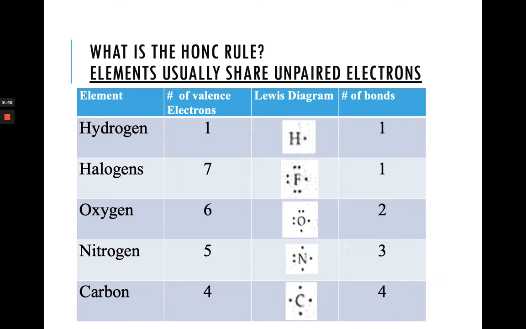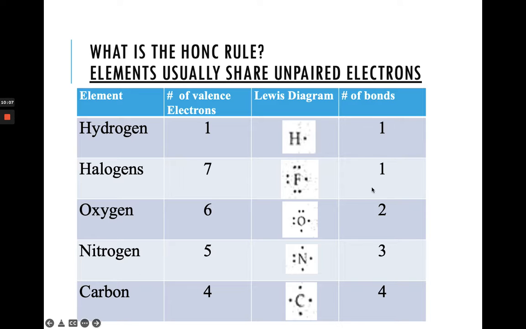In Lewis dot diagrams, elements usually only share unpaired electrons. That tells you the number of bonds that they will make, the number of other atoms that they will connect to. So the honk rule is a very easy way to do this. Hydrogen and the halogens, which have 1 valence electron and 7, and are just missing one, are just one away, so they will only bond with one other element.